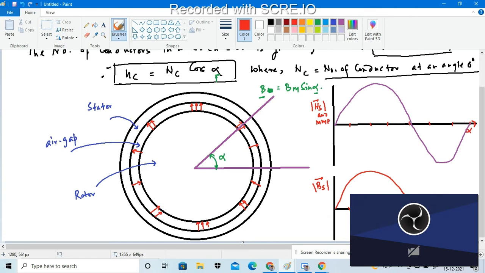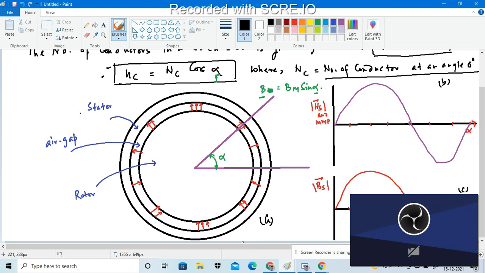Suppose this is the figure A, this is figure B, and this is my figure C.